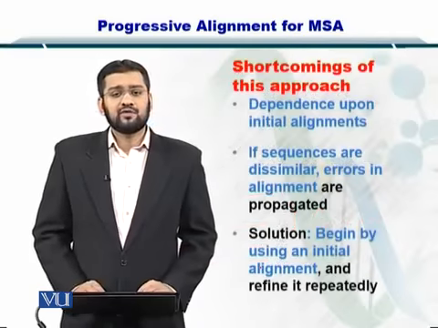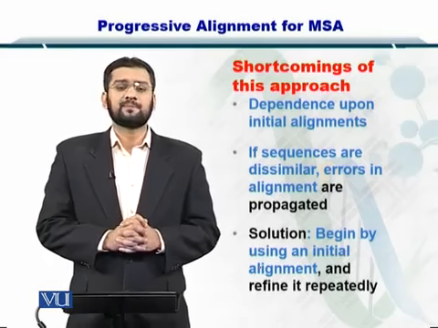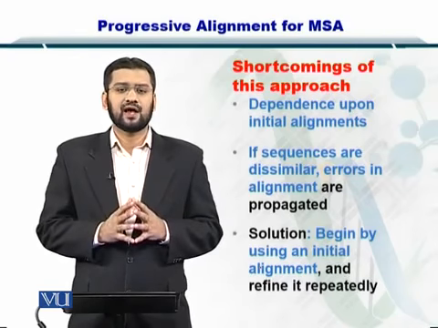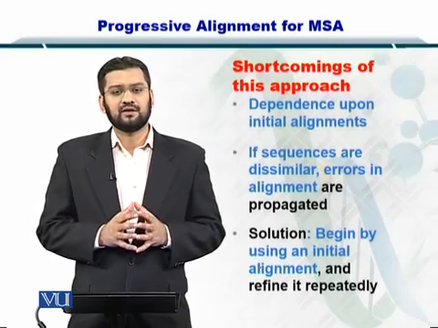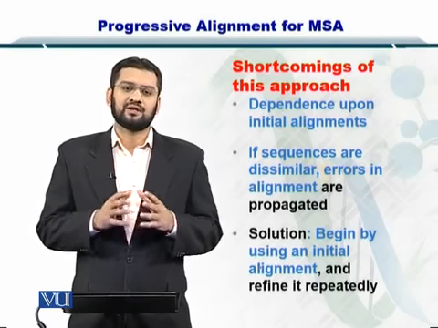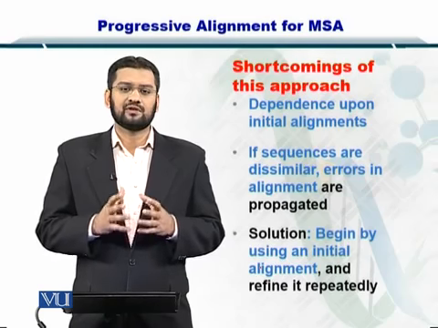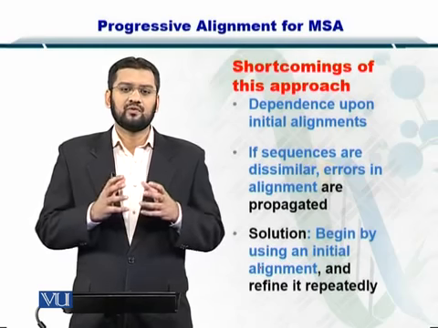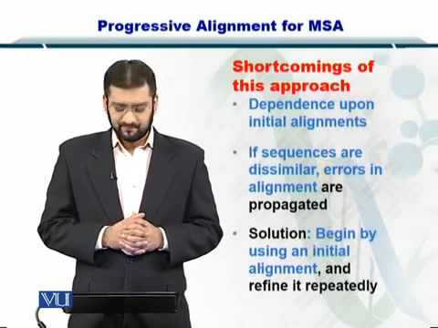This approach, however, has some shortcomings. For instance, if you have performed an alignment as the first step which may be incorrect, then your entire guide tree will be biased towards that. So there is a lot of dependence on the first alignment that you employ to create the guide tree.